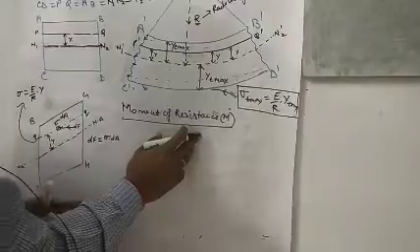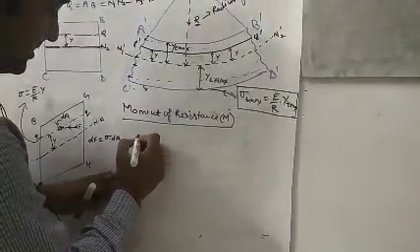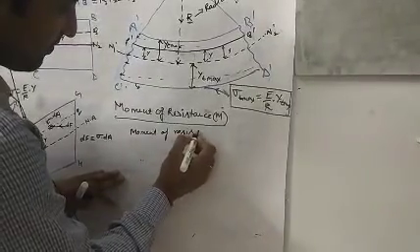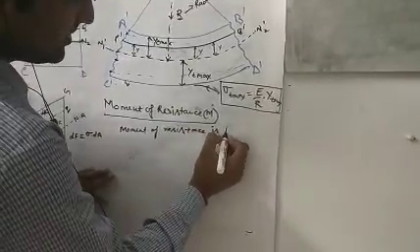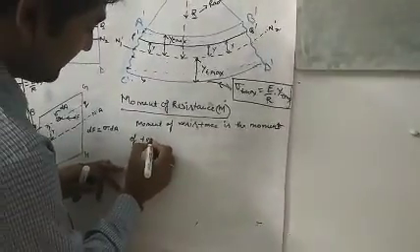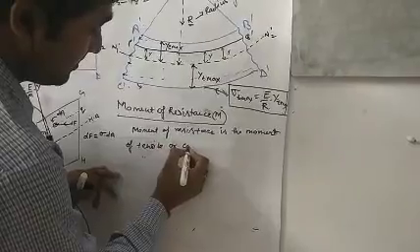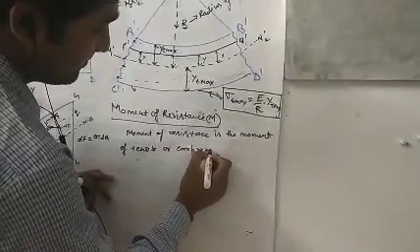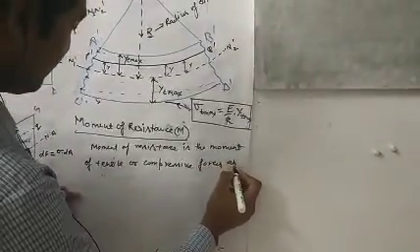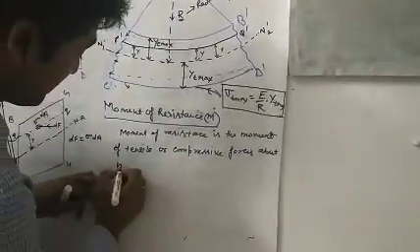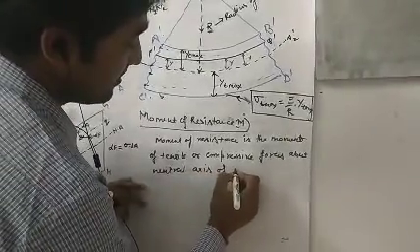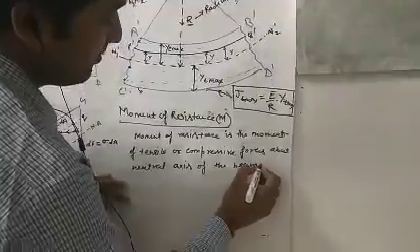Moment of resistance, by the definition, is the moment of tensile or compressive forces about the neutral axis of the beam, right?